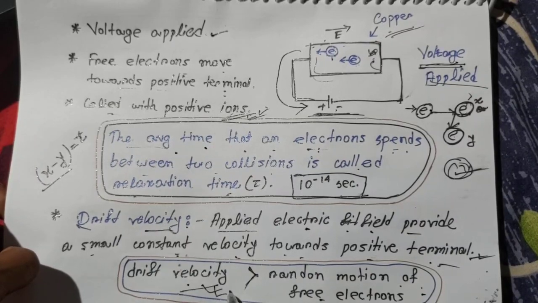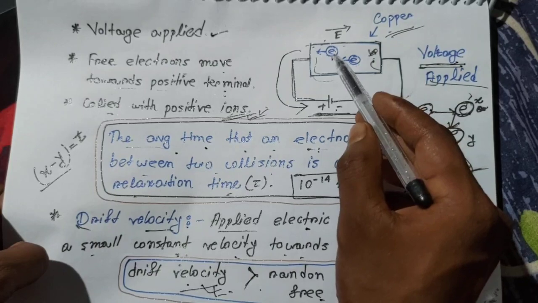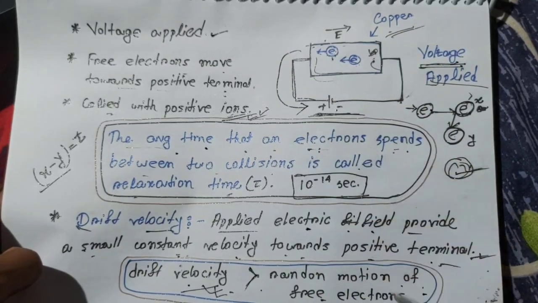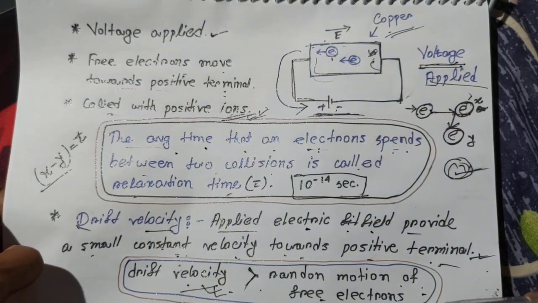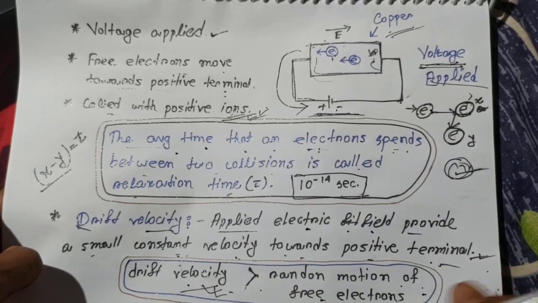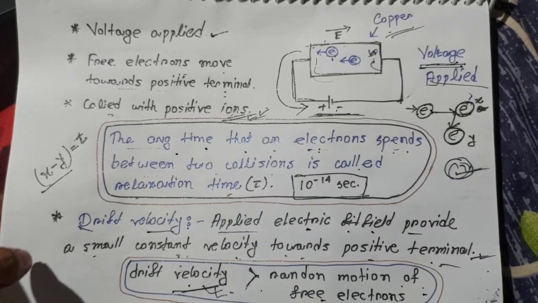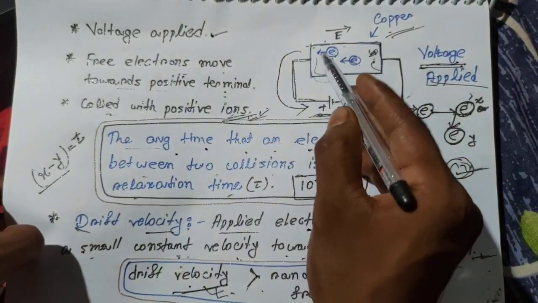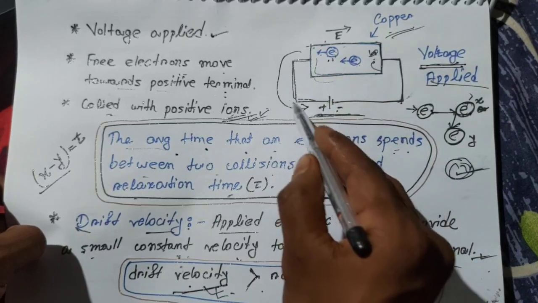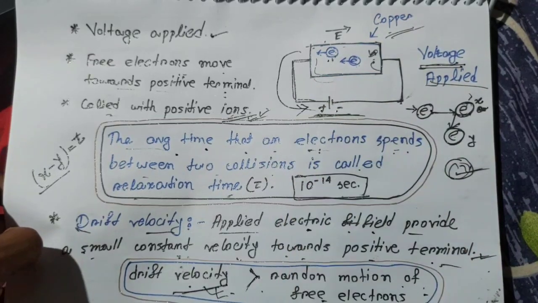Only when the drift velocity is more than the random motion of free electrons are those free electrons able to move. Otherwise, there will be no flow of electrons and no electricity. Okay, no current. So drift velocity is the velocity at which those electrons start moving towards the positive terminal.